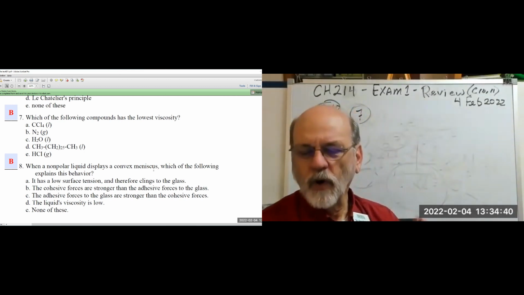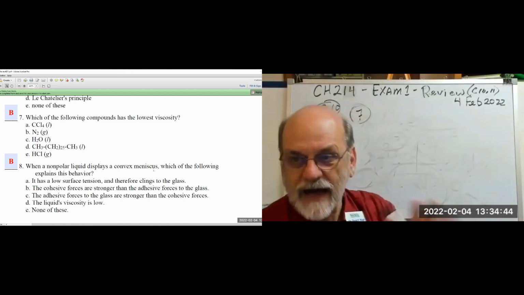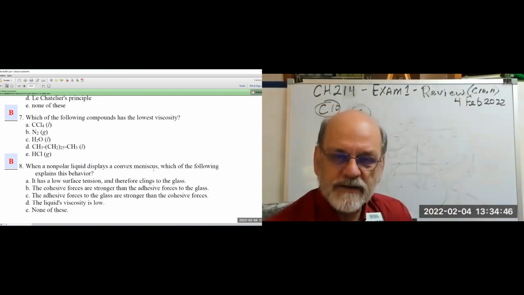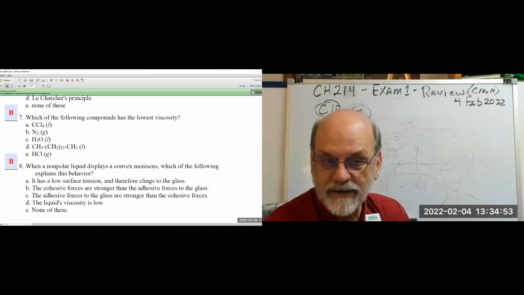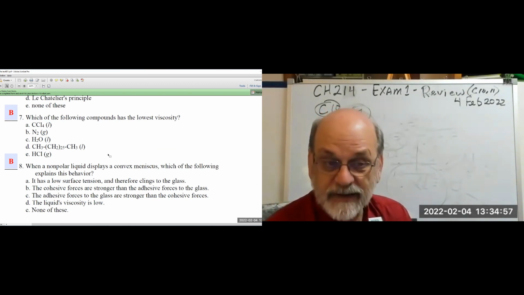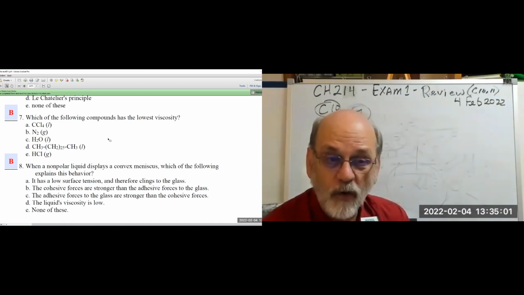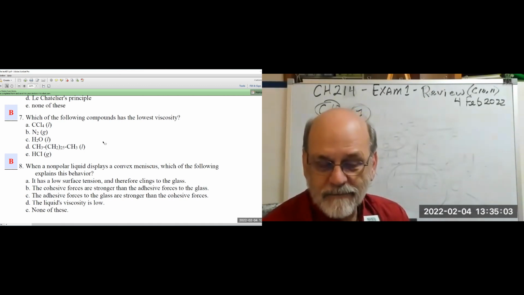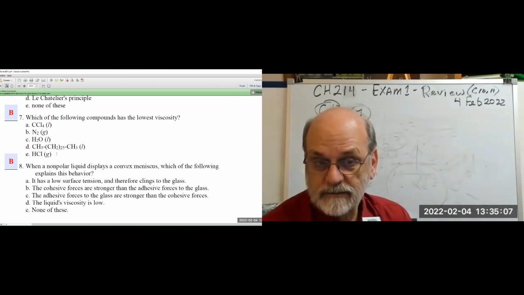Okay, so what's the difference? What makes the difference between low and high viscosity? Low viscosity means the intermolecular forces are very low. High viscosity means the forces are high. So we need to look at these possibilities and say, which one has the lowest intermolecular force? Well, we can count HCl out because it's polar.